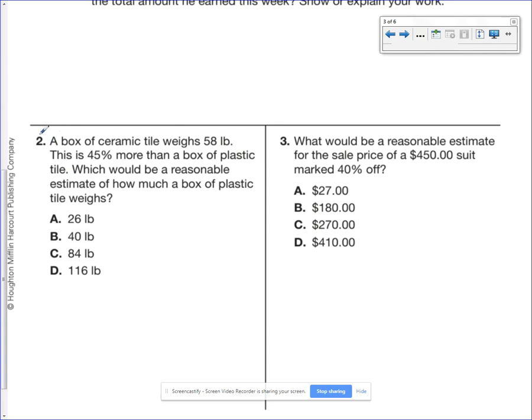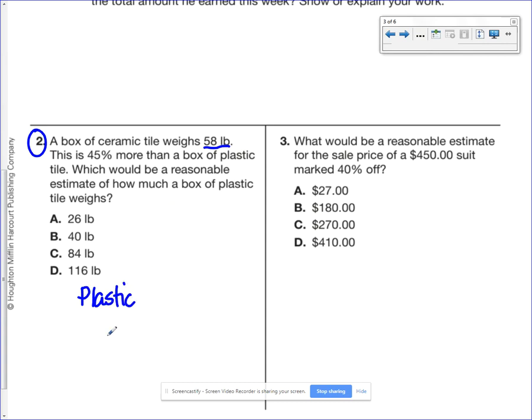In question number 2, I want to look at this one. It says ceramic tile. This box weighs 58 pounds. Ceramic tile's heavy. That happens to be 45% more than a box of plastic tile, which would be a reasonable estimate of how much a box of plastic tile weighs. Now, think about it. The plastic is less.